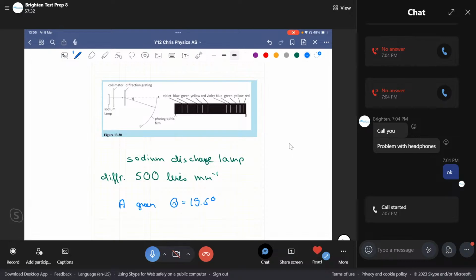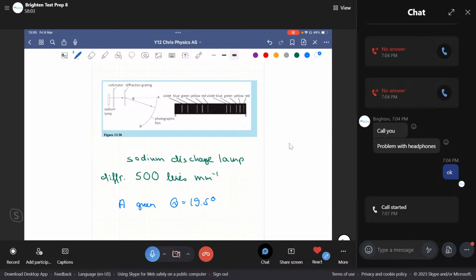It's basically our old friend, so to speak. But how do we utilize that in this context? So 10 to the power of negative 3 divided by 500 times sine 19.5 degrees equals 1 times the wavelength.